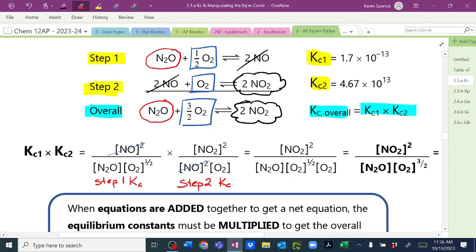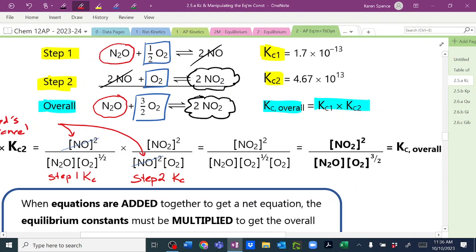The intermediates cancel, and you are left with your final products over your final reactants. You combine your like terms and you get Kc of the overall reaction.